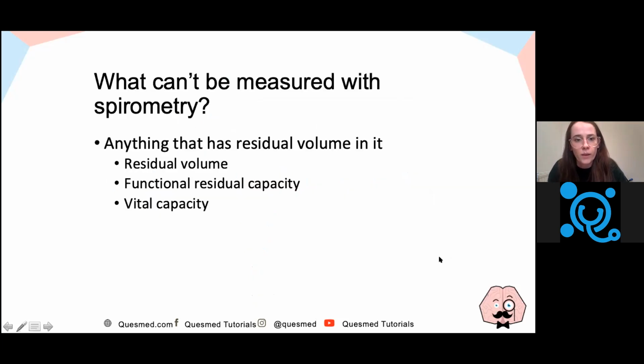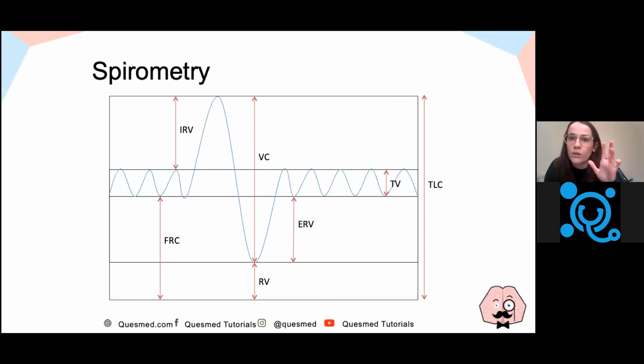It's important to know the difference between a volume and a capacity. A volume is just that volume, so it's nothing added together. For example, inspiratory reserve volume, tidal volume, expiratory reserve volume, residual volume. Whereas a capacity is the sum of 2 or more volumes.